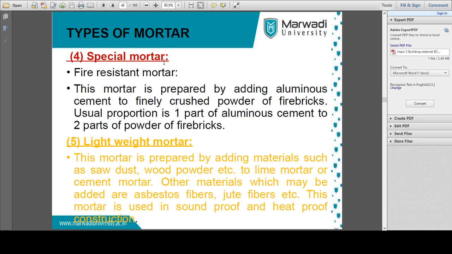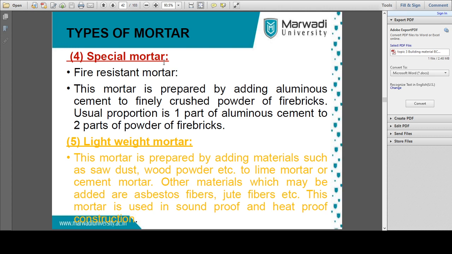Then after that, special mortar. The name itself suggests we have some new characteristics or properties associated in addition to that of cement mortar. So it has good characteristic of fire resistance, right?